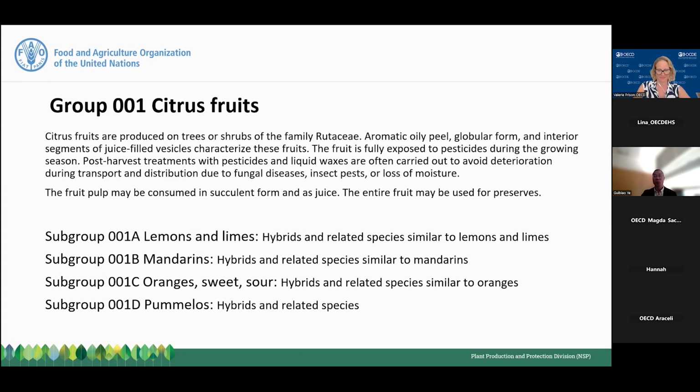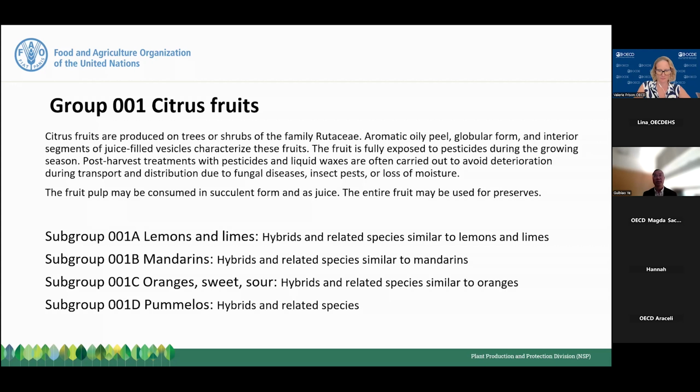It is also mentioned how the pesticide is exposed to these crops and how the crop is consumed.